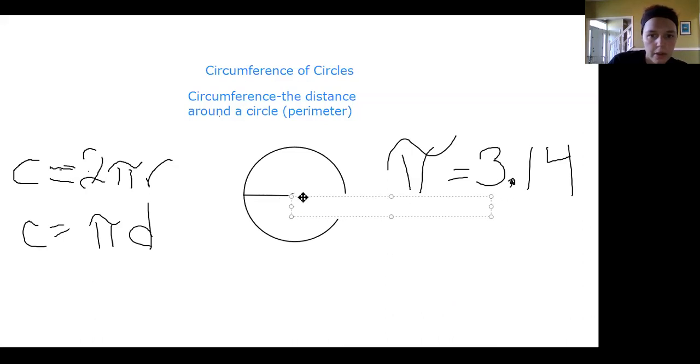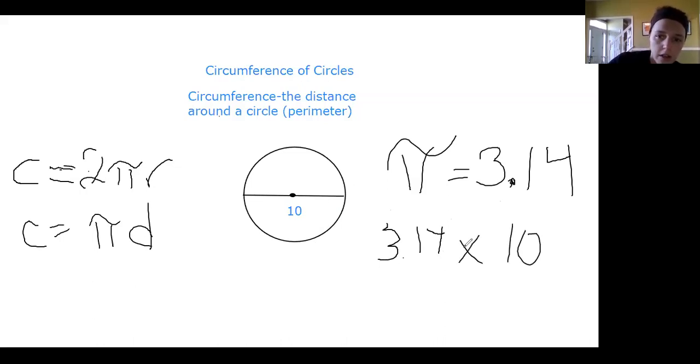Normally they'll put the diameter in the center like that. So use pi d. Do not use 2 pi r. Remember they're the same formula. You take 3.14 and multiply it by your diameter of 10. 3.14 times 10 is 31.4 inches.